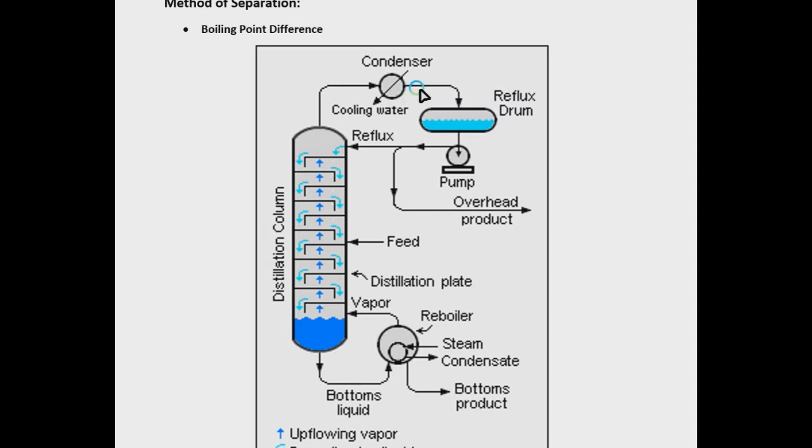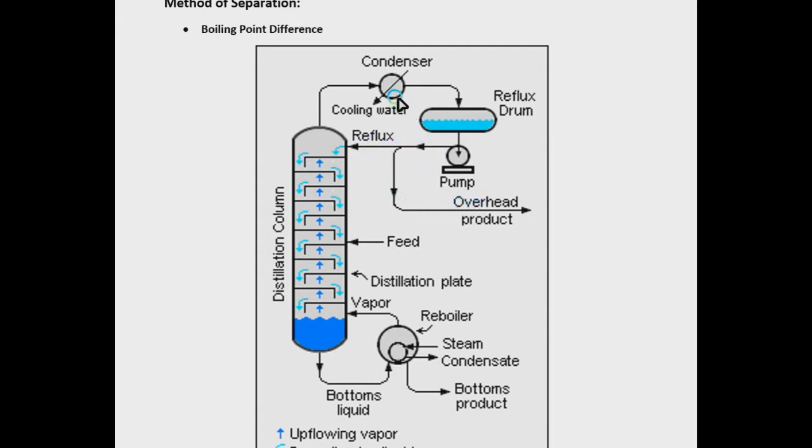The vapors that are condensed can be classified on the basis of two types of condenser. Like we have a partial condenser or we have a total condenser. In the total condenser, all the vapors that enter the condenser are condensed, and there is no composition difference between the overhead product and the reflux.